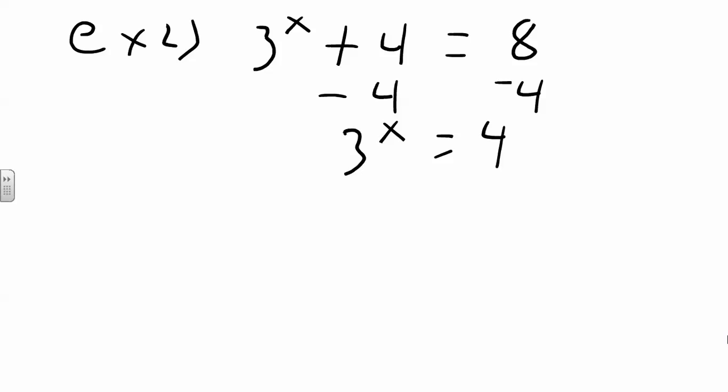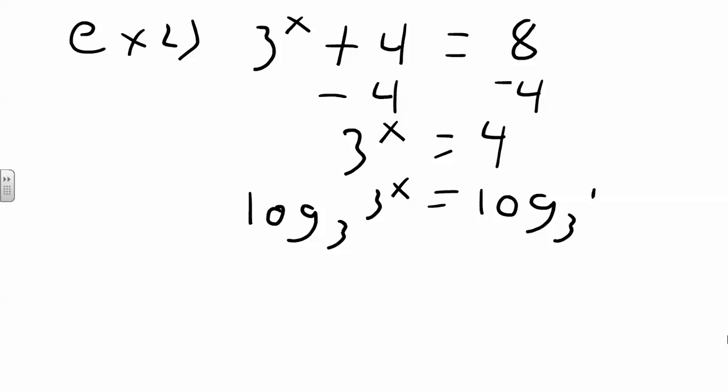Now what we want to do is take the inverse of an exponential of base 3, which is a log base 3. So I'm going to take log base 3 of both sides. So log base 3 of 3 to the x equals log base 3 of 4. Again, the log base 3 and the base 3 to the x cancel each other out. So I'm left with x equals log base 3 of 4, and then apply that change of base.